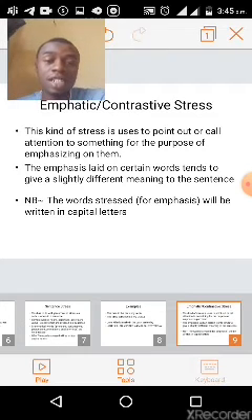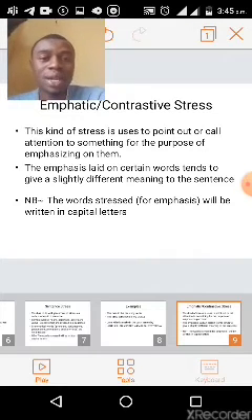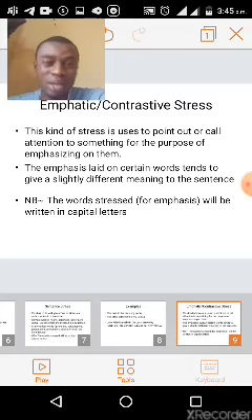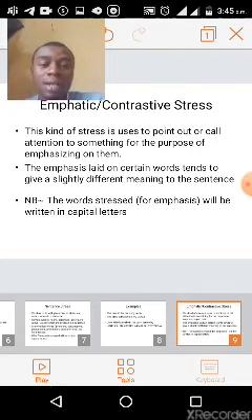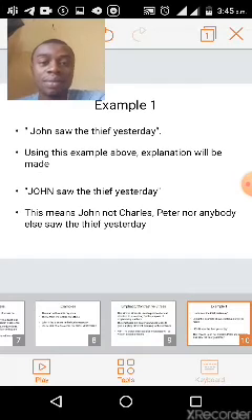That is, the word that we are emphasizing will be written in capital letters in the examples I'm going to show you. The emphasis you lay on that particular word will give a slightly different meaning.